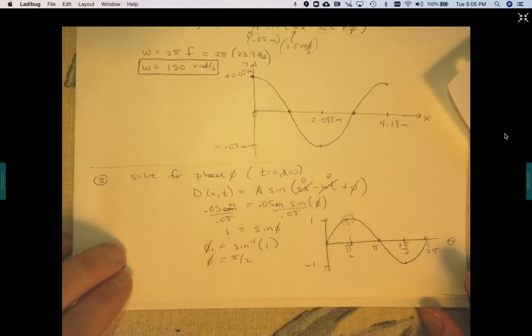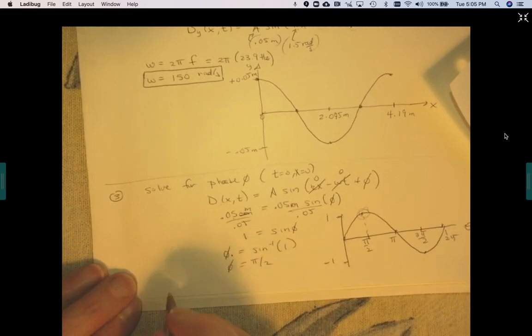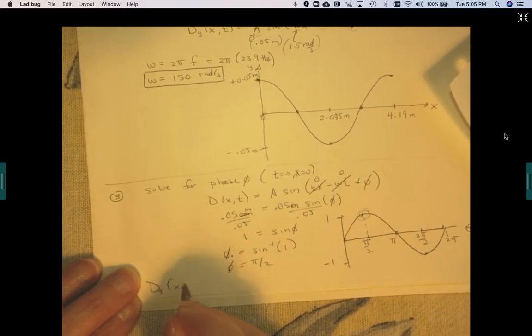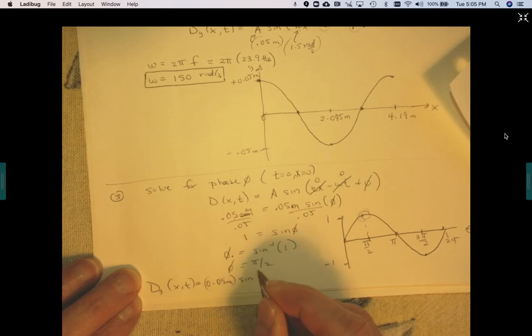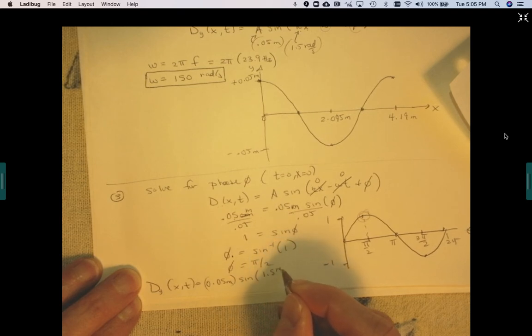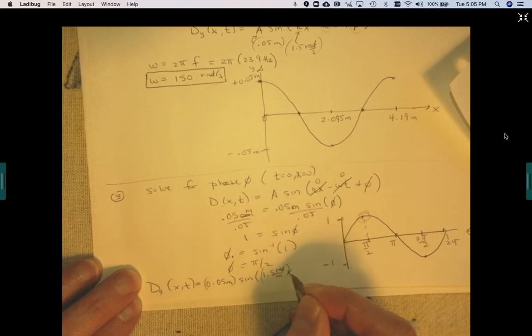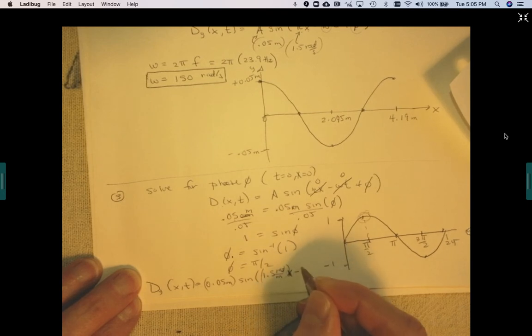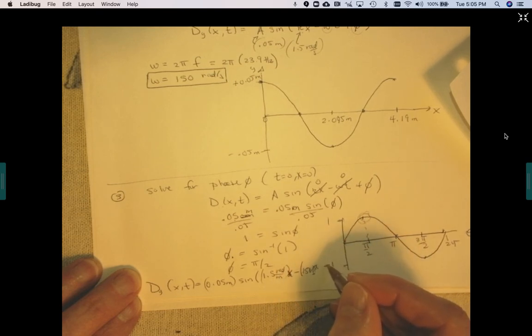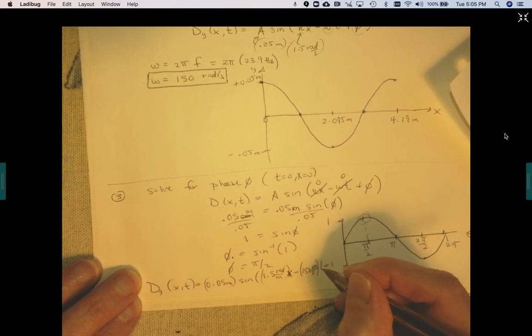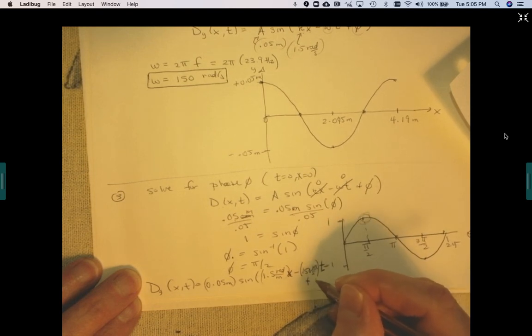I'm going to fill this in now, so we have the full wave equation. Our displacement in the y direction as a function of x and time is our amplitude, 0.05 meters, times sine of k, which was 1.5 radians per meter, times x, minus omega, which was 150 radians per second, times t, and then plus pi over 2.